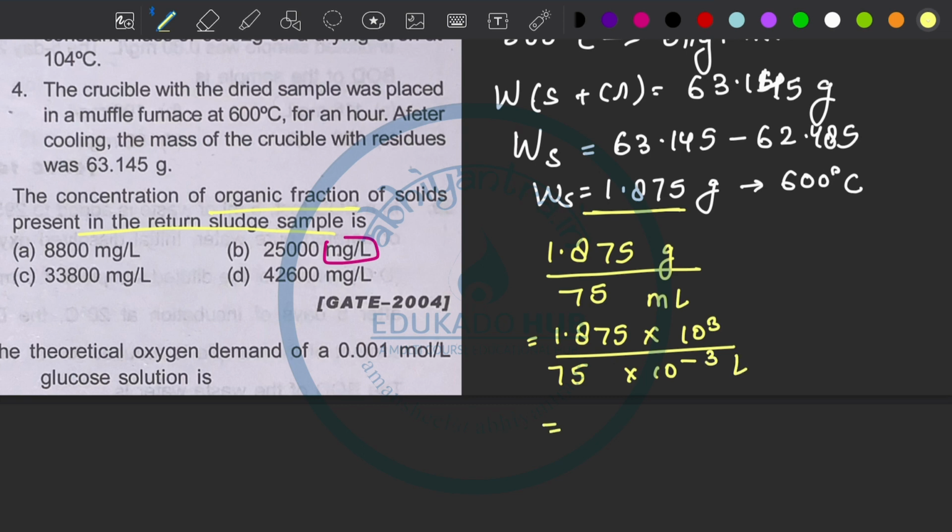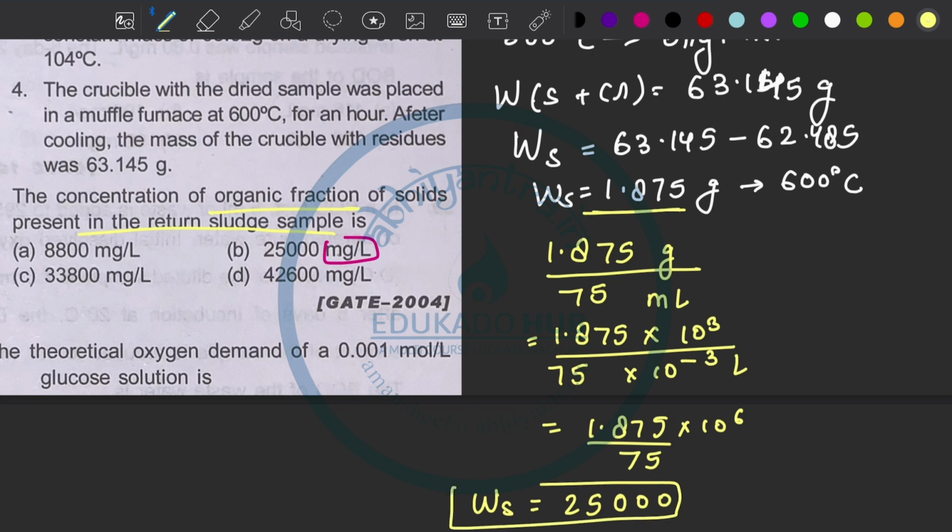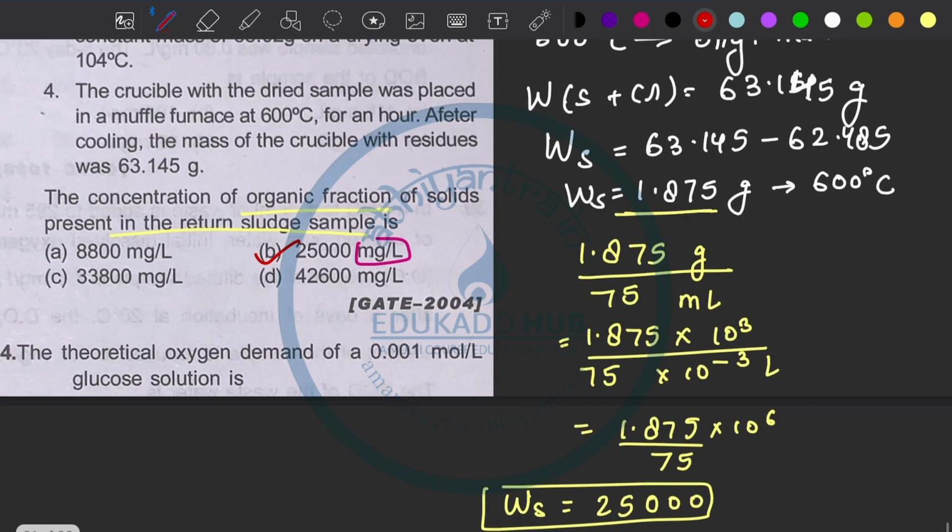So it is 1.875 into 10 to the power 6 divided by 75, which comes out to be 25,000. So the weight of solids per liter was 25,000. So this is the question. This is how we attempt the questions of wastewater treatment.